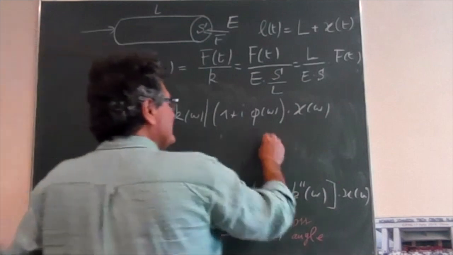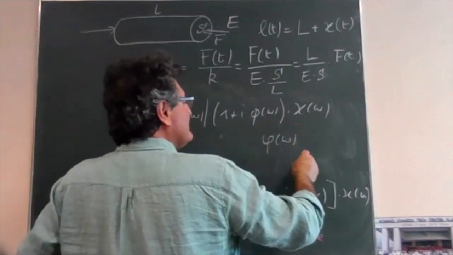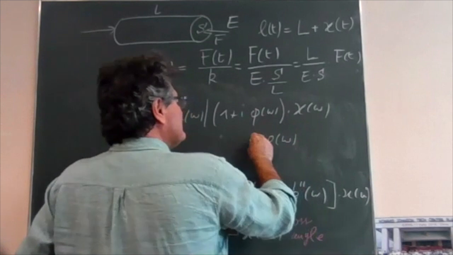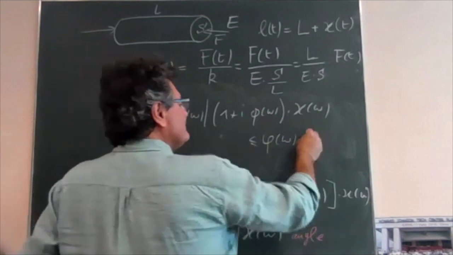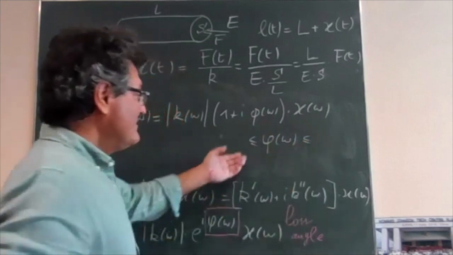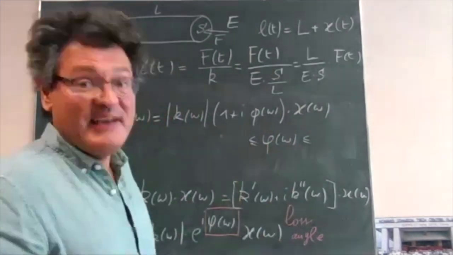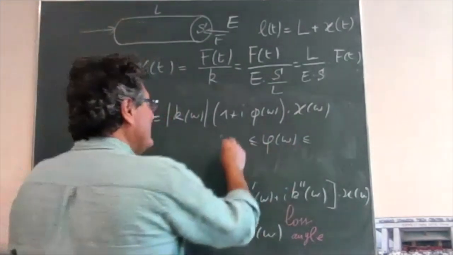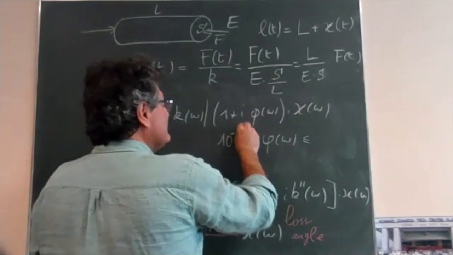So the loss angle phi of omega goes from, well, the smallest phi ever measured are of the order of 10 to the minus 10.